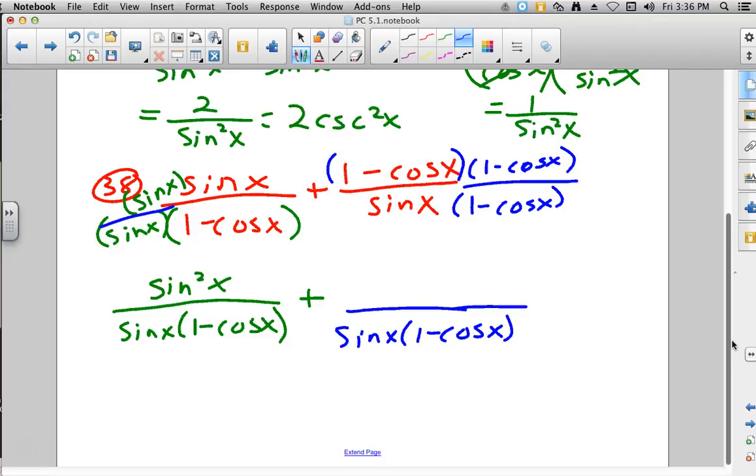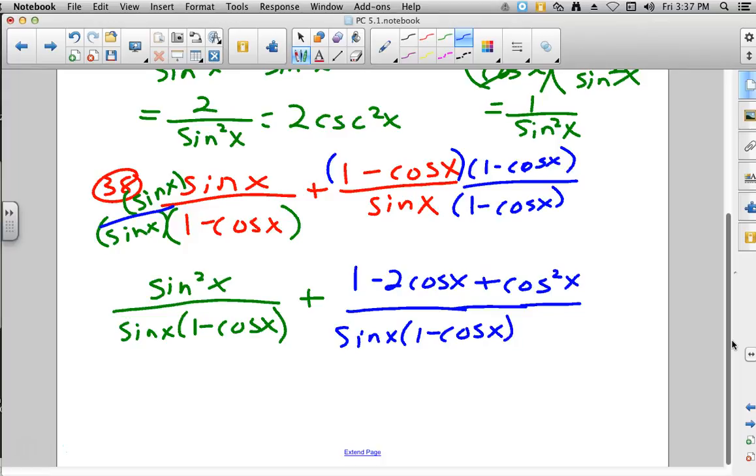So first times first is a 1. Outside times outside is minus cosine x, but so is inside times inside. So minus 2 cosine x. Negative cosine x times negative cosine x will give us plus cosine squared x.